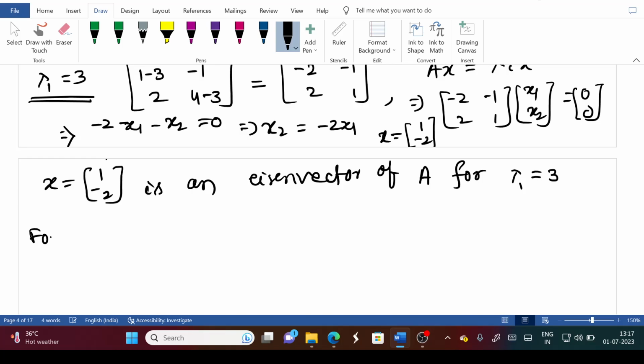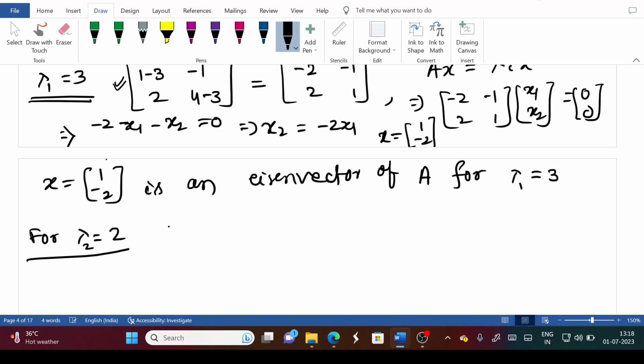Now what is our target for lambda is equal to 2? Here, instead of 3 we will subtract 2. Directly let me write down how much it will be. In place of 3 in this matrix, let us substitute 2.